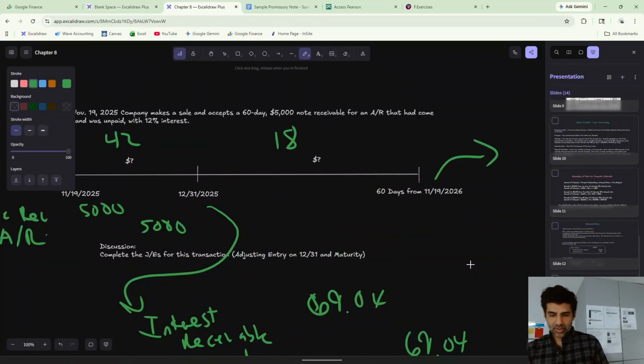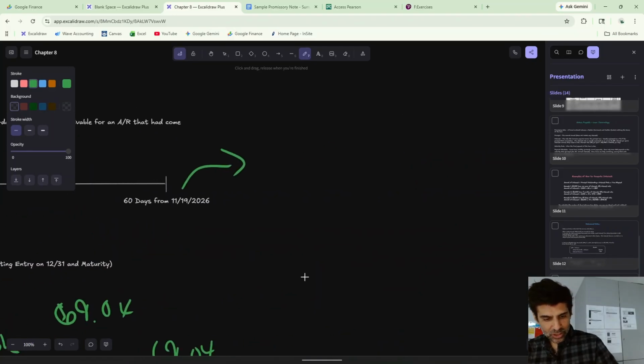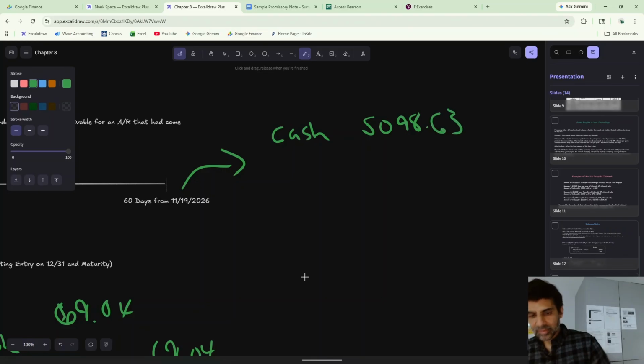So we know that it's going to be basically cash, $5,098.63. I would start with that. That's the most obvious part of it: how much cash they're going to give us total, principal plus total interest of 60 days.